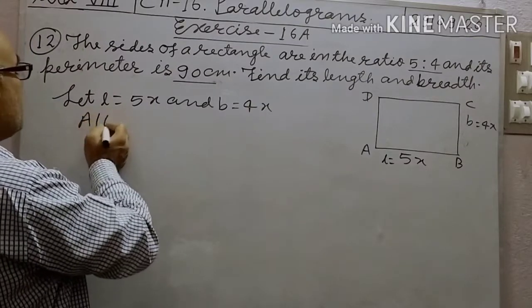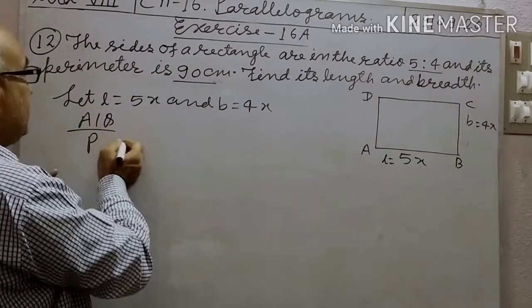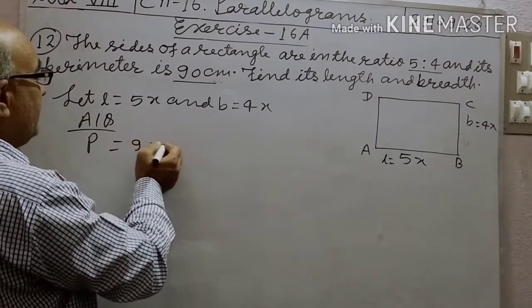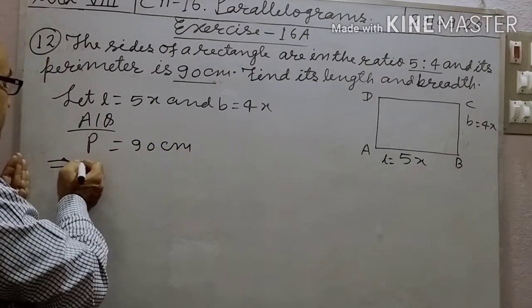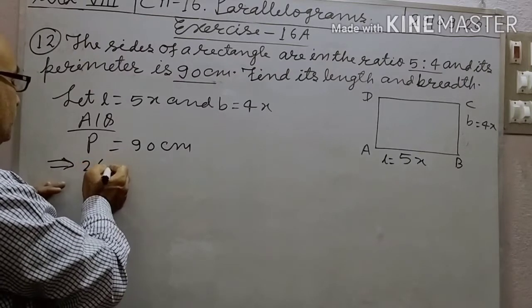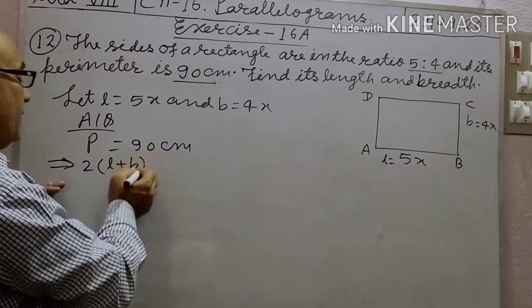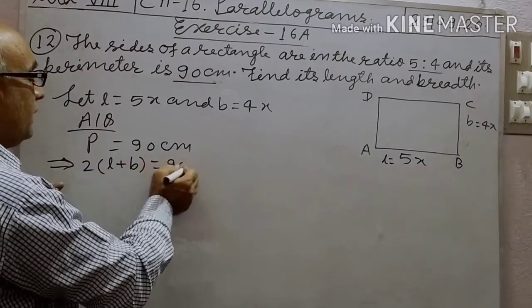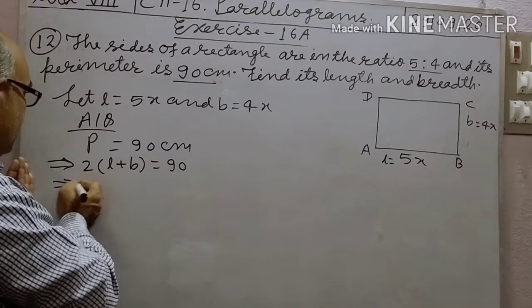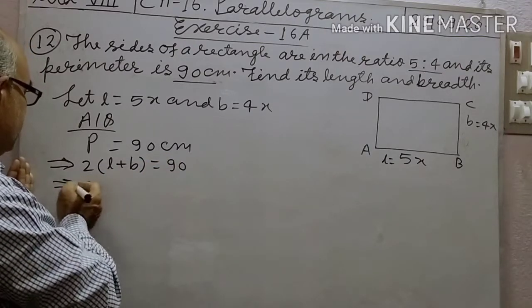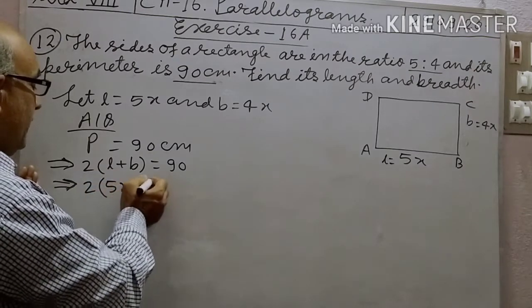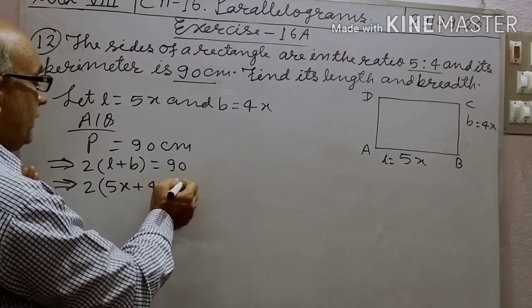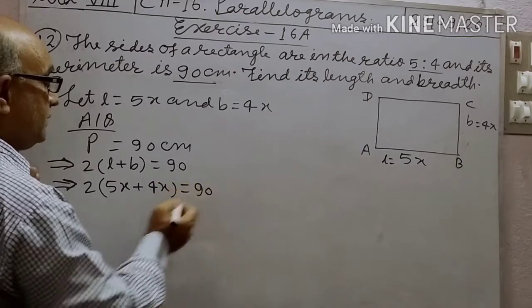According to the question, perimeter of rectangle is 90 cm. That implies 2 into (L plus B) equals 90. That implies 2 into (5x plus 4x) equals 90.